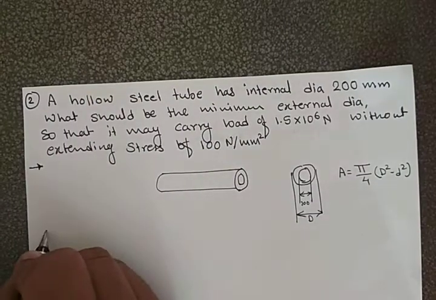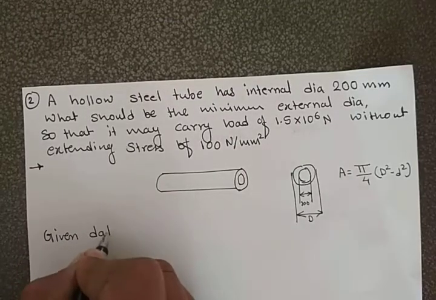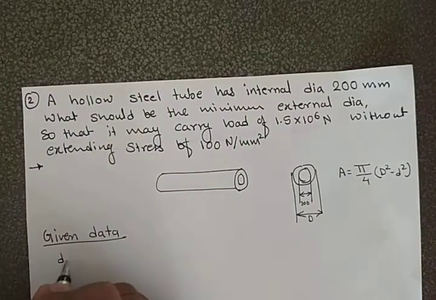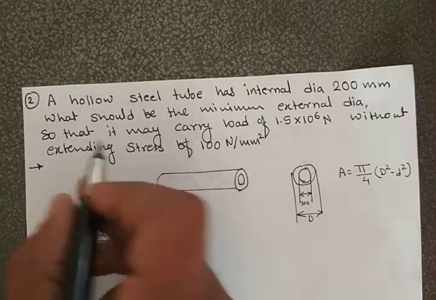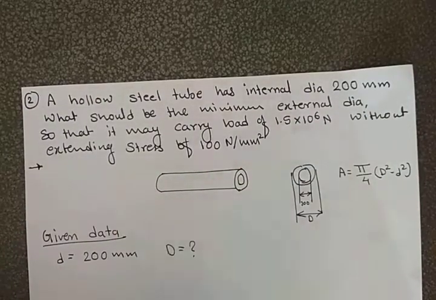Now we will write the given data. Small d, the internal diameter, is 200 mm, and the external diameter they are asking us to find.